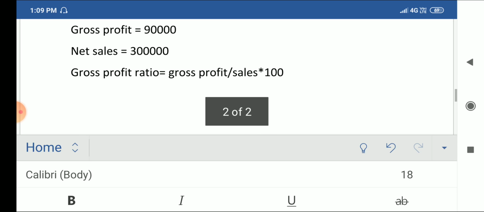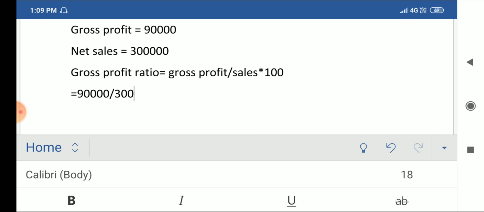We calculate the gross profit ratio: gross profit 90,000 divided by total sales of business 3 lakh into 100. Total gross profit ratio is 30%. The answer of gross profit ratio.